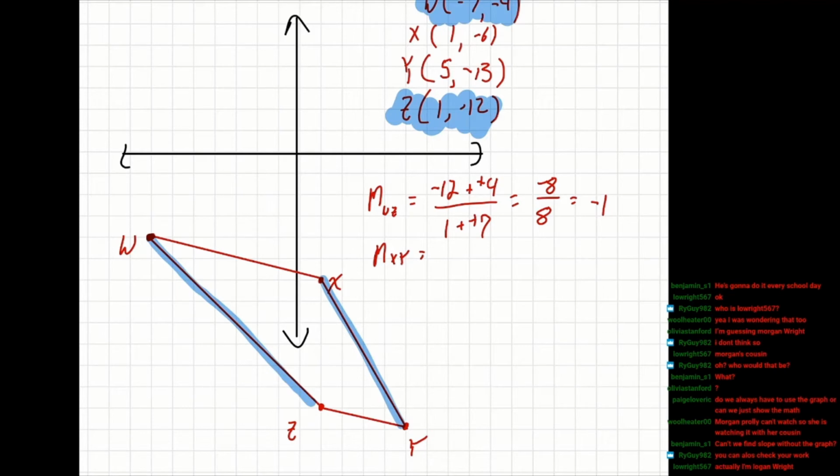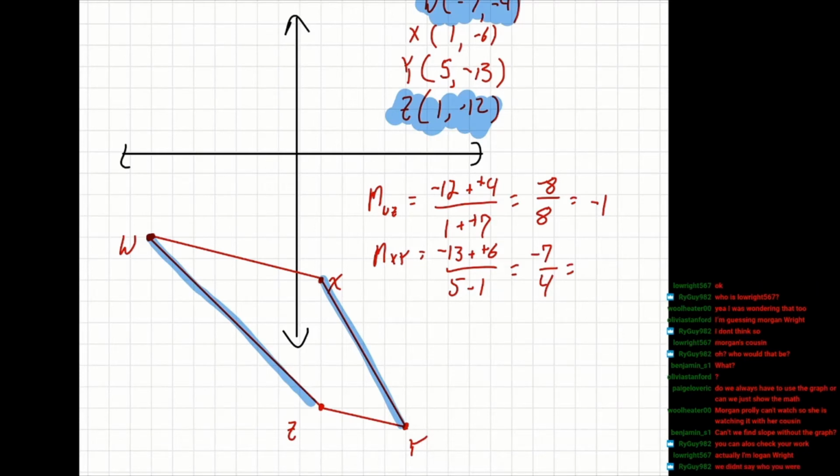I'm going to do XY. Negative 13 minus negative 6 divided by 5 minus 1. I'm going to switch that to addition. And we get negative 7 over 4, which is just that. It's negative 7 over 4.